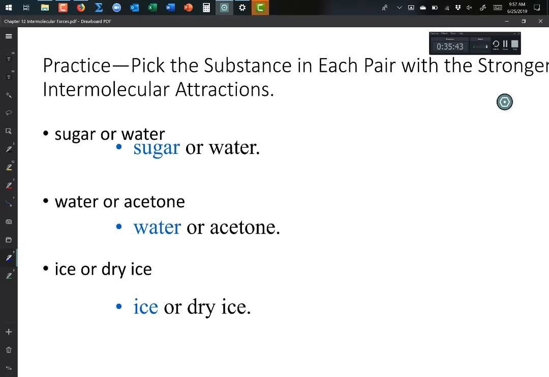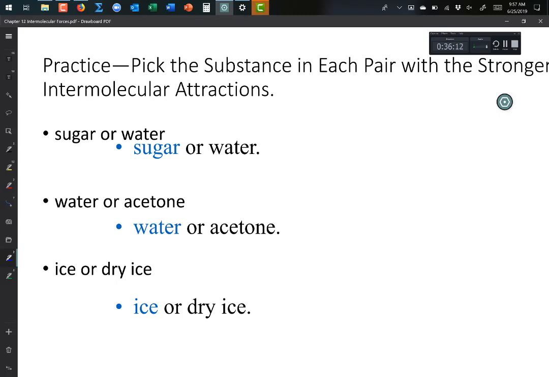Things that are really volatile, that get to the gas phase easily, have weak forces of attraction. So that's how we know between water and acetone. Just our experience with fingernail polish remover tells me that acetone has weaker forces of attraction than water does.